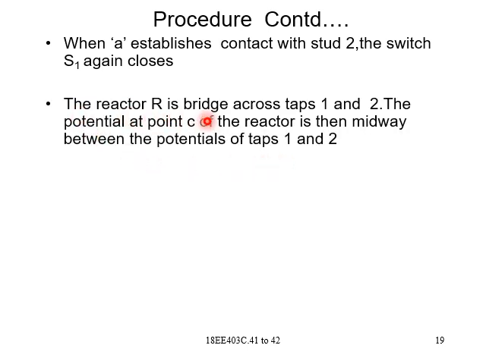The reactor R is bridged across taps 1 and 2. The potential at point C of the reactor is then midway between the potentials of taps 1 and 2.